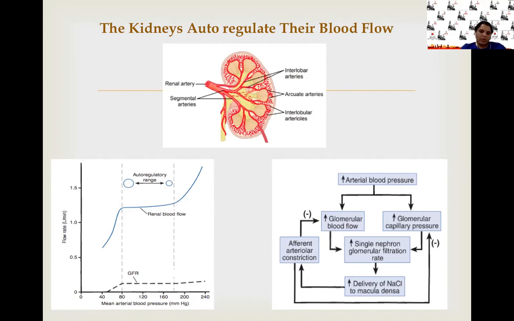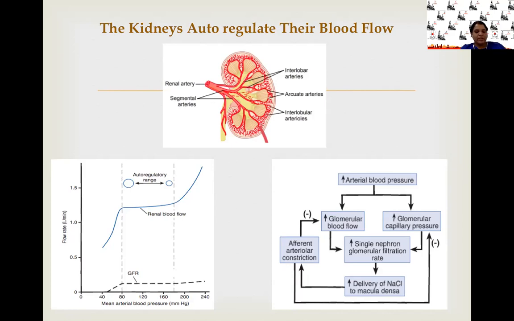Now, the anatomical arrangement of the renal arteries is such that the arterial oxygen is shunted into the veins before it enters the capillaries. So oxygen tension, unlike we think, is not high, and kidneys are sensitive to ischemic changes.